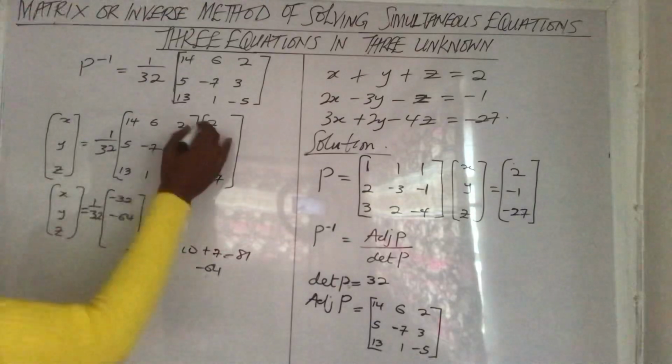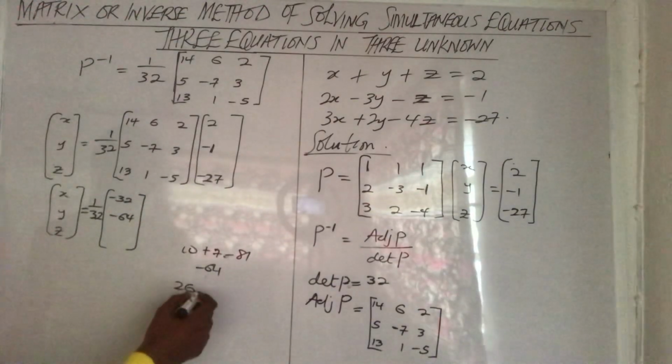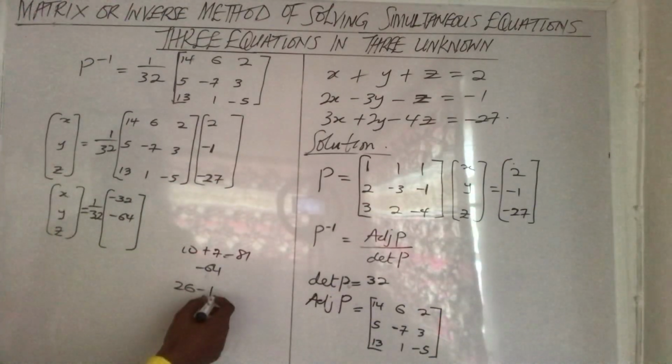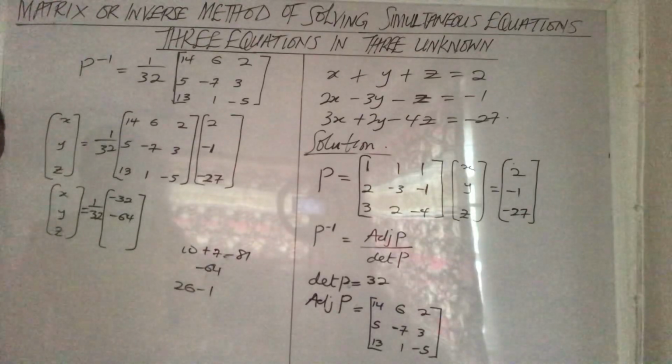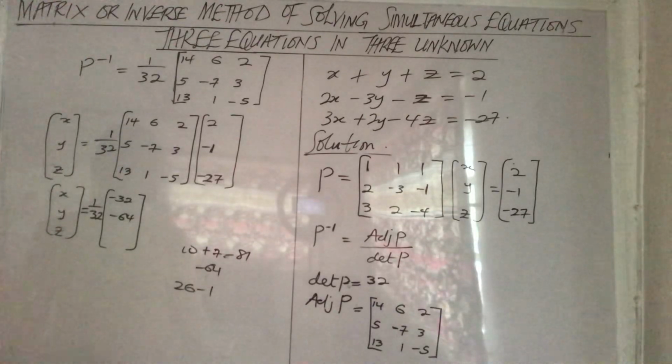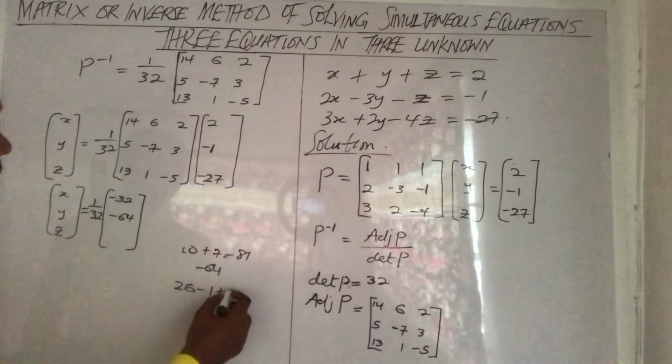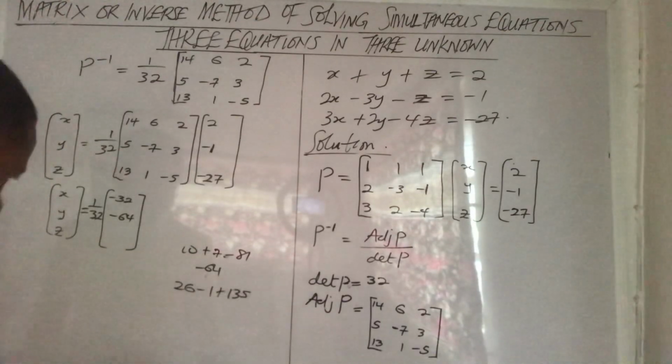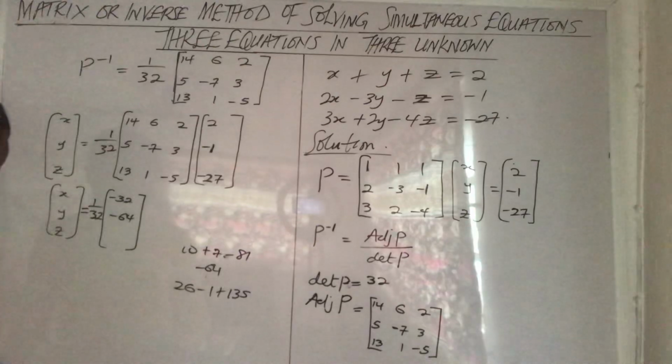Then the last one, this multiplied by this, will give me 26 minus 1. Then you have 27 times 5, that will give me plus 135, minus 1 plus 26.